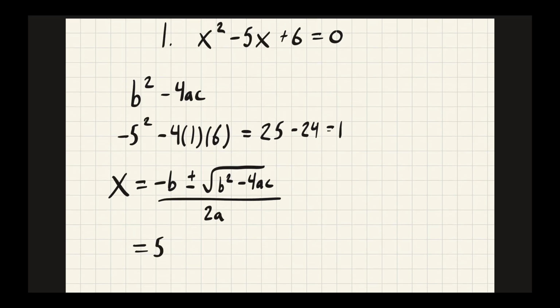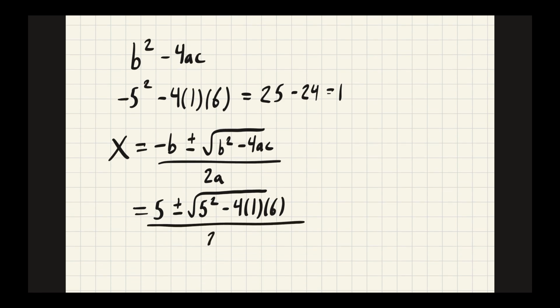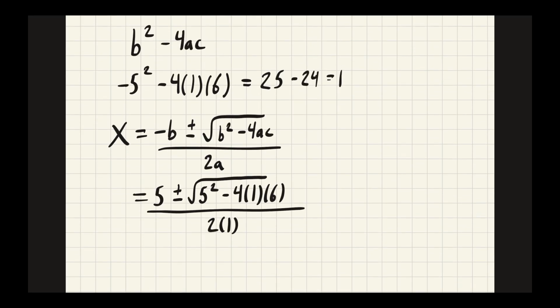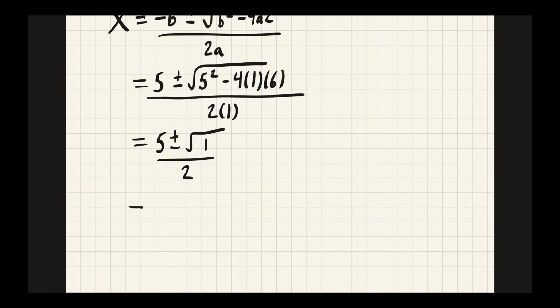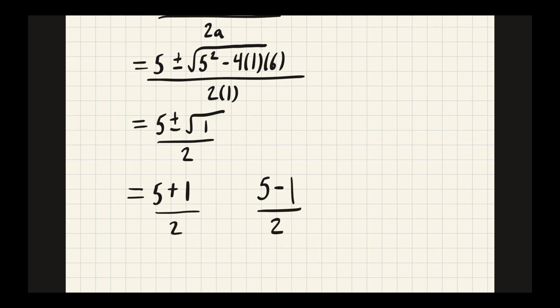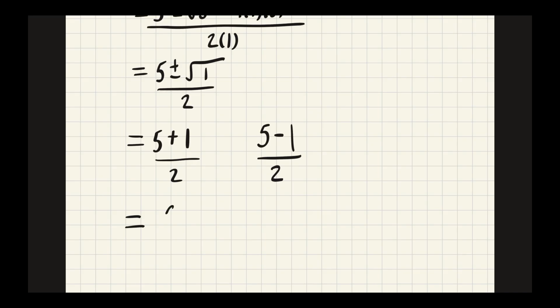We have 5 plus minus the square root of 5 squared minus 4 times 1 times 6 over 2a, which is 2 times 1, equals 5 plus or minus root 1 over 2, which equals 5 plus 1 over 2 and 5 minus 1 over 2, which equals 6 over 2 and 4 over 2.